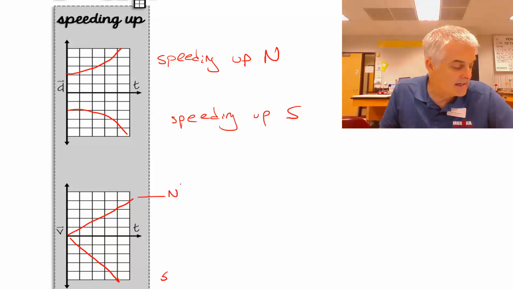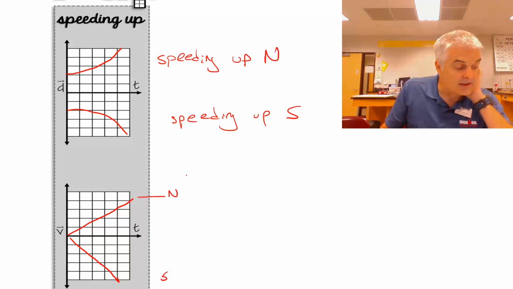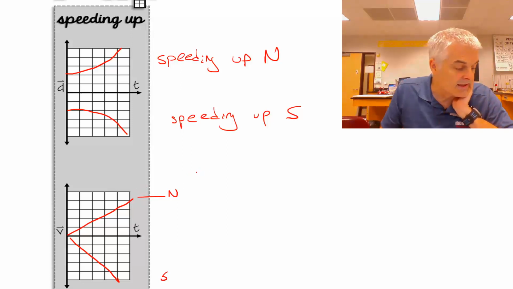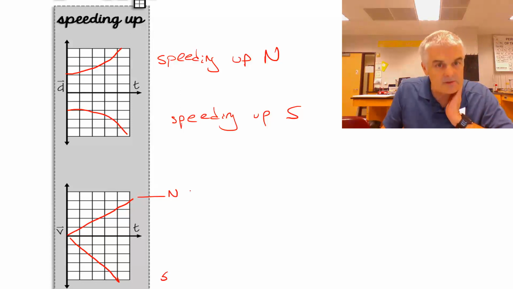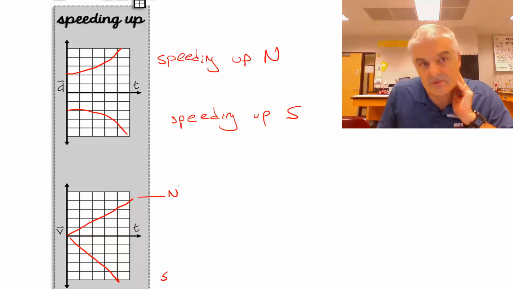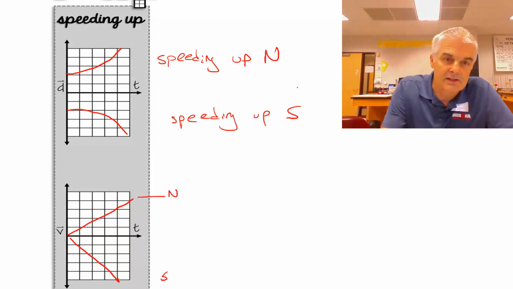As V gets further from 0 meters per second, the speed increases because they're going faster and faster. At first they're going 1 meter per second, and then 2, and 3, and 4, and then 5. That's what acceleration is. Or you're getting slower and slower, because it's actually the change in velocity over time.